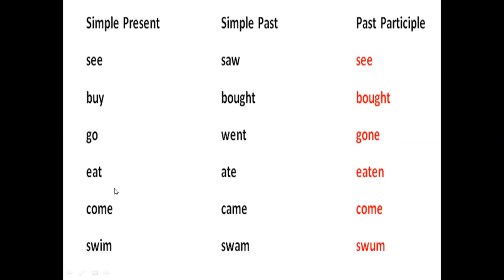Eat, ate, eaten. Come, came, come. Swim, swam, swum. So in constructing present perfect sentences or even questions, we have to use the past participle form. So seen, bought, gone, eaten, come, and swum. That's how we do it.